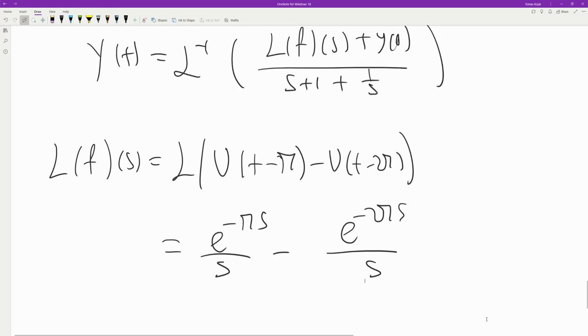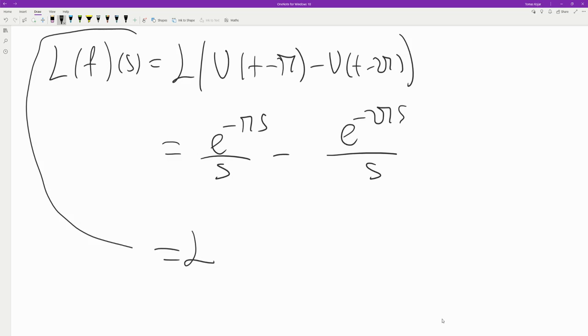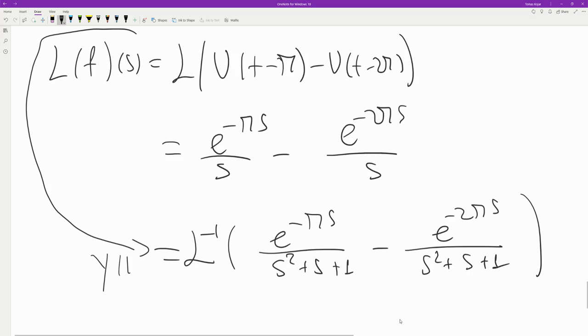Okay, good. Right, so returning to this, we get the following: e to the minus pi s over s squared plus s plus 1, and e to the minus 2 pi s over s squared plus s plus 1. Okay, so this is y(t). If you find this, you find the solution.